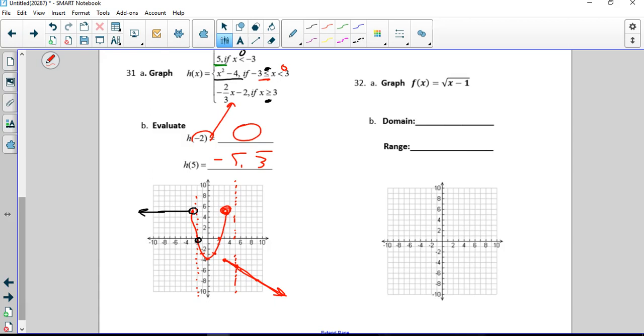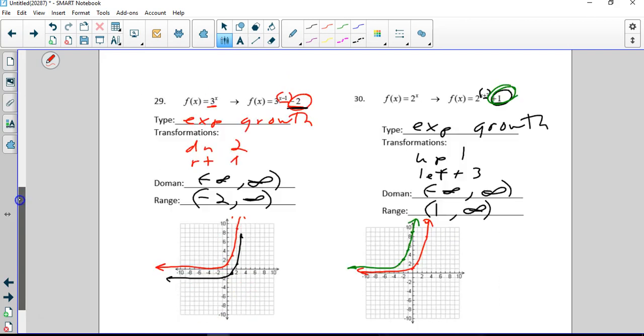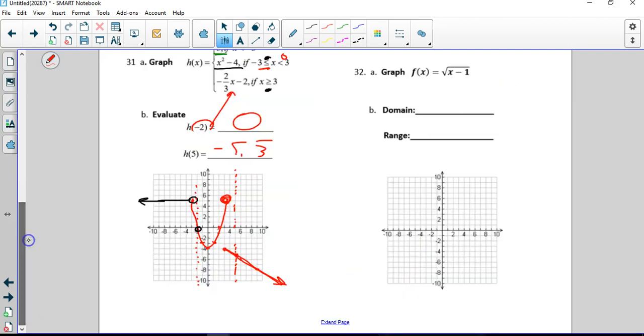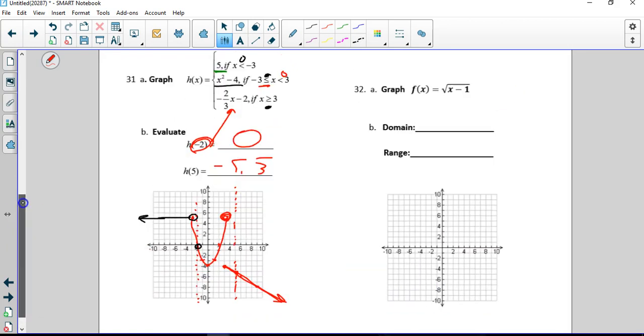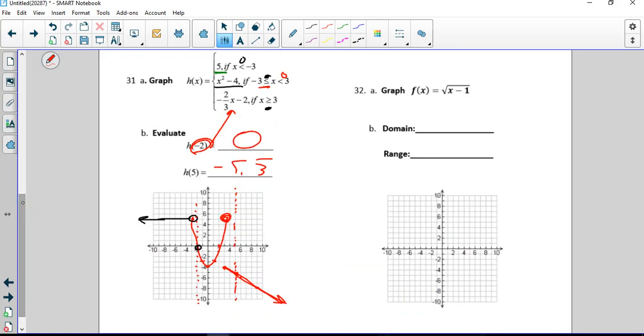Another way of evaluating which one is on is just look at the numbers. Okay? Negative 2. Well, negative 2 is not greater than or equal to 3. So I'm not going to be using that line. Negative 2 is not in between negative 3 and 3, so I won't be using that parabola.